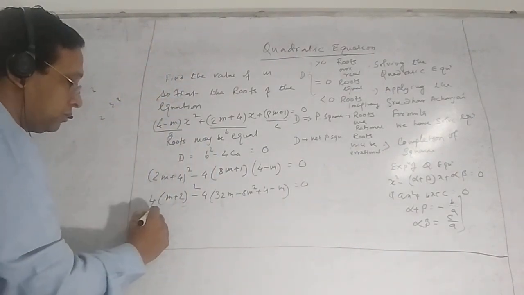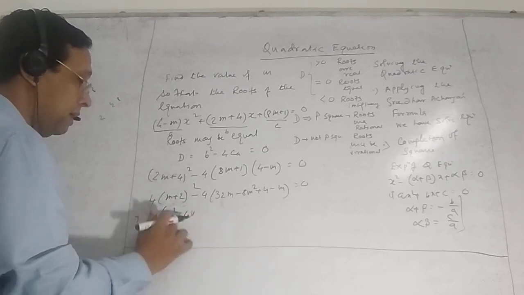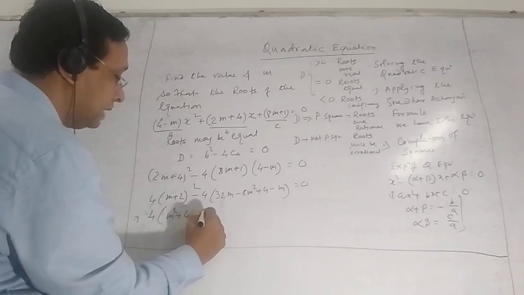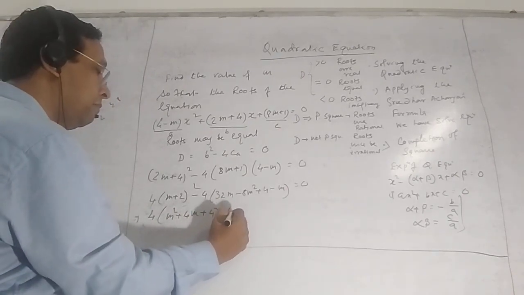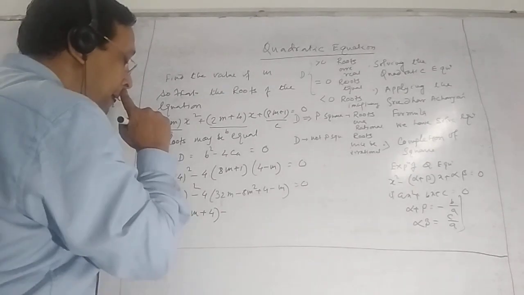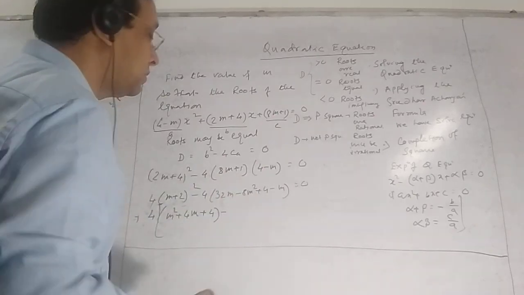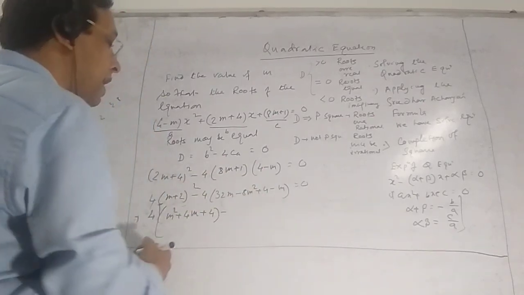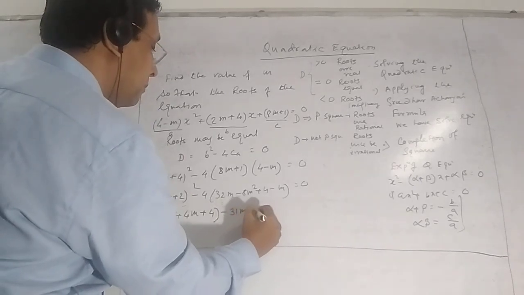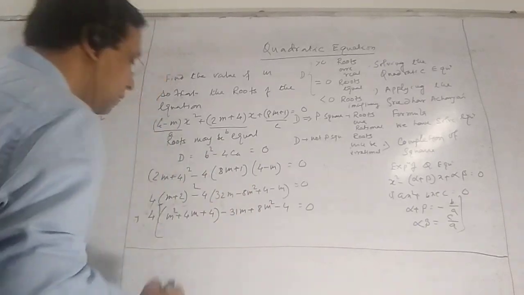Now you can expand it also: 4 into (m square plus 4m plus 4) minus 4, you can take this 4 as a common. So this one minus (32m minus m, that is 31m), so minus 31m plus 8m square minus 4 is equal to 0.